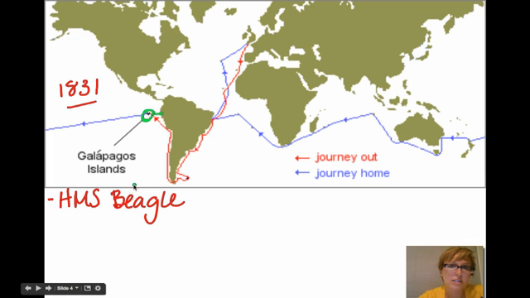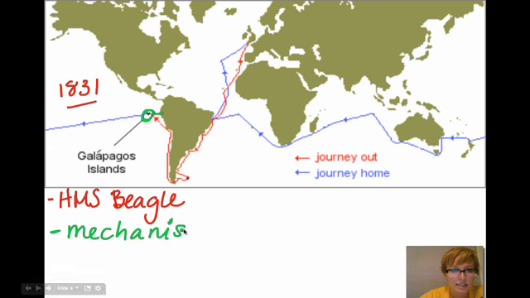So he was really curious if these specific adaptations that gave rise to new species were actually unique creation events, or did these species come from other species? And that got him thinking about the mechanism of evolution, and he ultimately came up with his theory of natural selection as his mechanism.